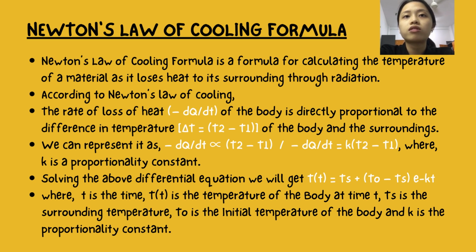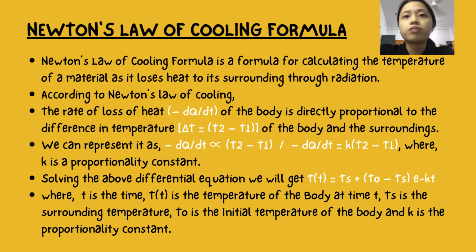We can represent it as negative dQ over dt equals k multiplied by T2 minus T1, where k is the proportionality constant.